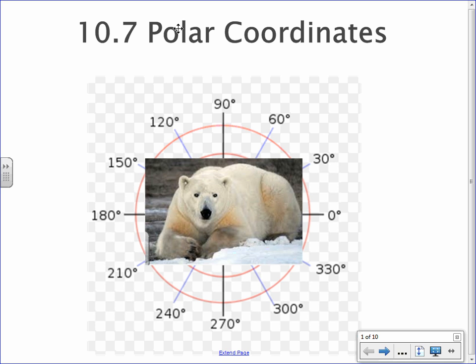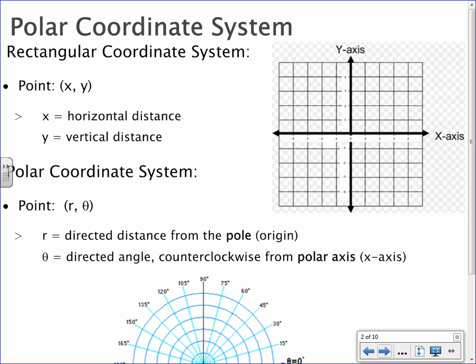All right, so what we know right now is the rectangular coordinate system. We have an x and y axis, and we move rectangularly, where the x coordinate represents how far we move horizontally, and the y coordinate represents how far we move vertically.